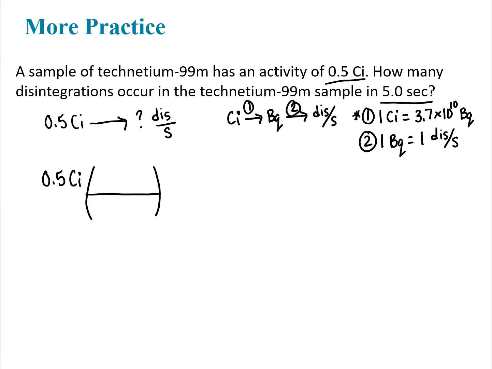We're going to put the number of Becquerel and 1 Curie on top. That's the unit that we want to move on. We're going to put the Curie in the bottom so that it cancels out. So that's step 1.